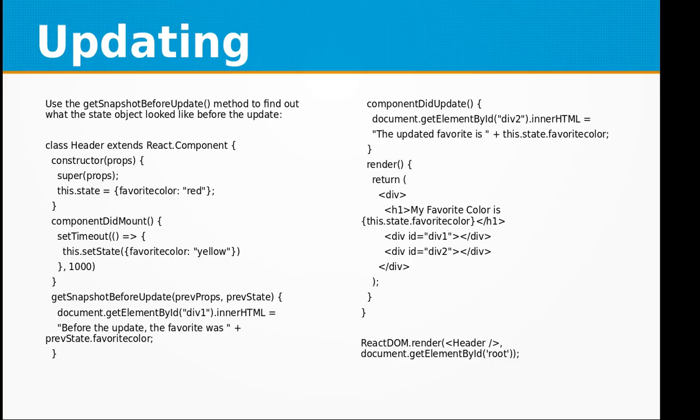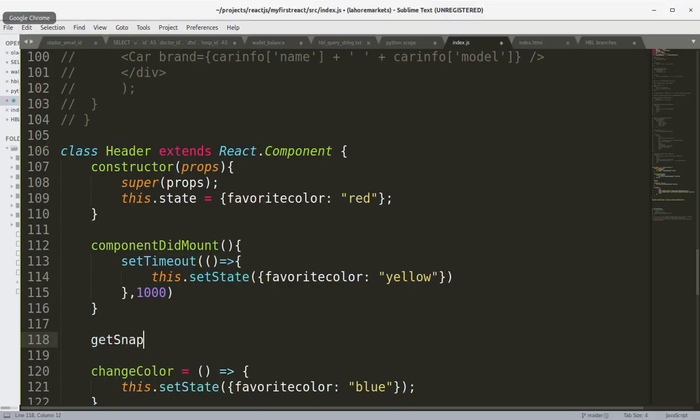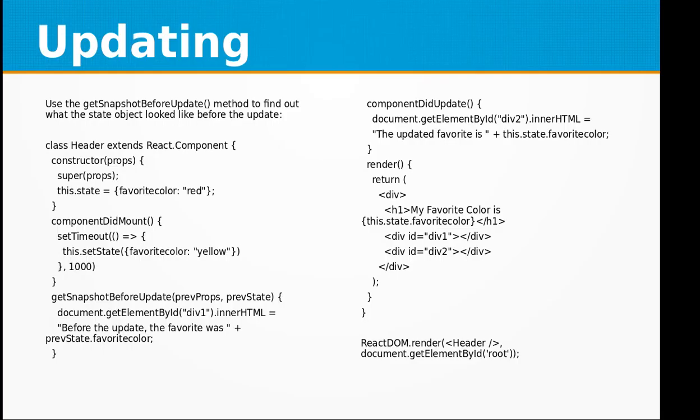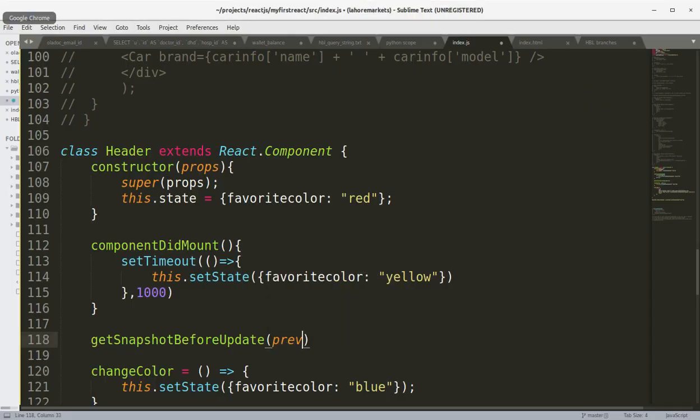Now we are going to define the function in discussion, that is getSnapshotBeforeUpdate, and within this function we are going to pass prevProps and prevState.